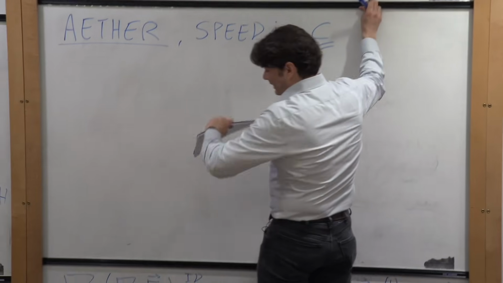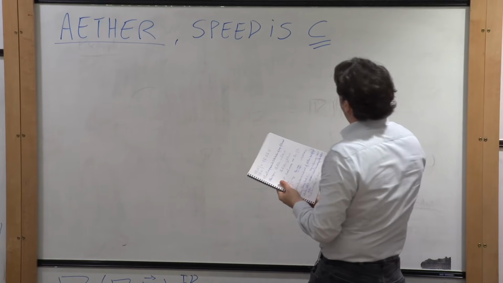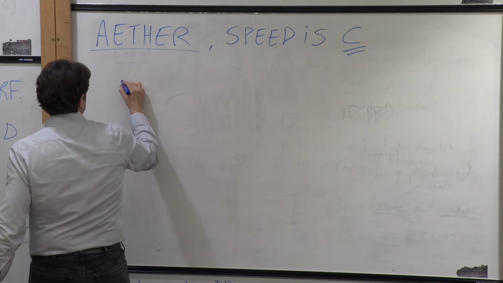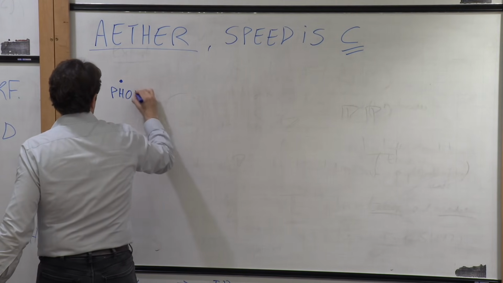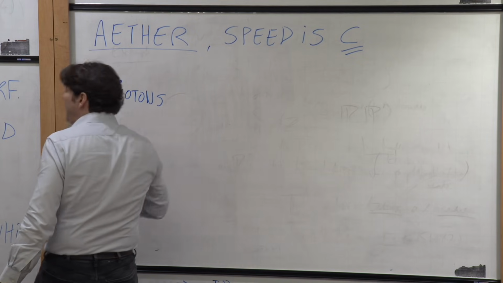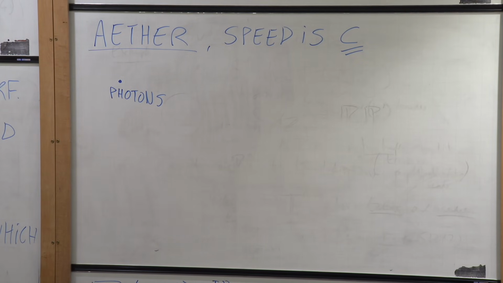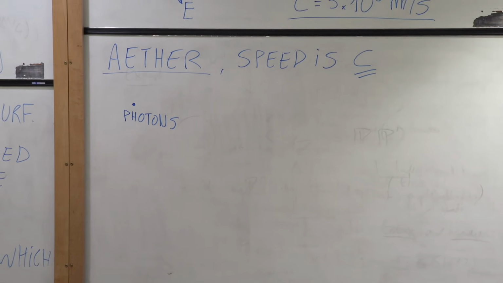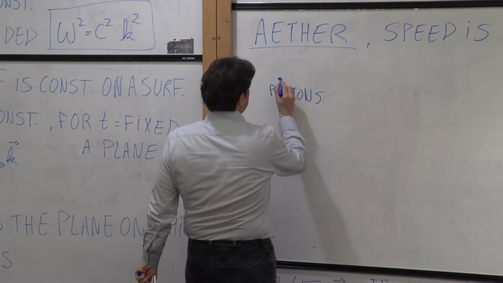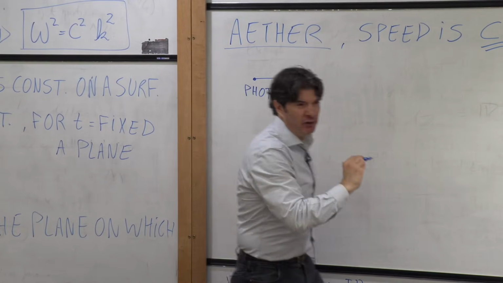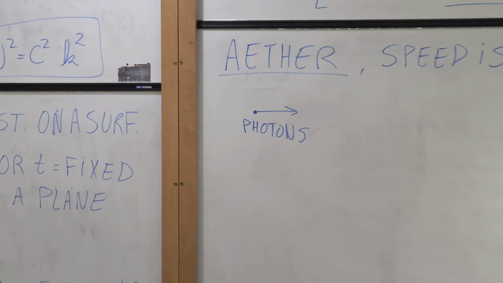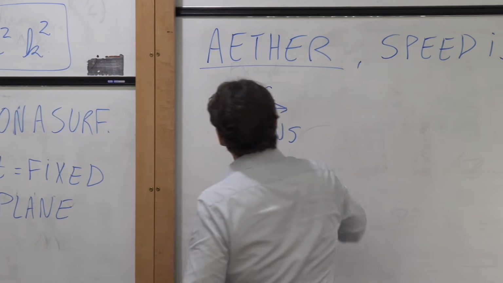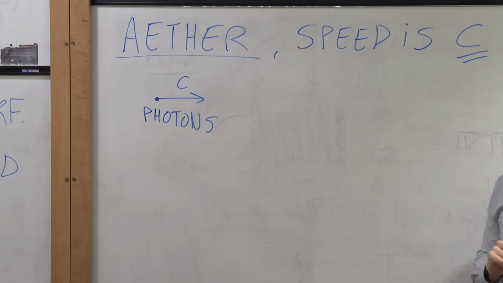Another thing that I will tell you before we proceed is that sometimes we will find it convenient to talk about particles of light, and these particles of light are called photons. So for now, and for the next 2, 3 years of your life, think of a photon as a particle that moves at the speed c, okay?